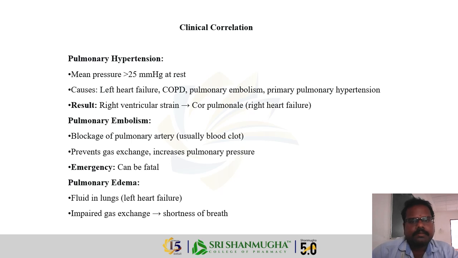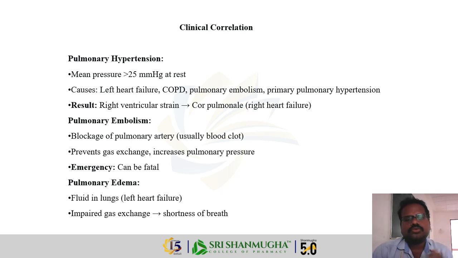Then coming into the clinical correlations. What are the clinical correlations? As we have seen, pressure is one of the components in the pulmonary circulation also. The pulmonary circulation mean pressure should be around 25 mmHg at rest. Once the pulmonary pressure is greater than 25 mmHg at rest, we say that this is pulmonary hypertension.